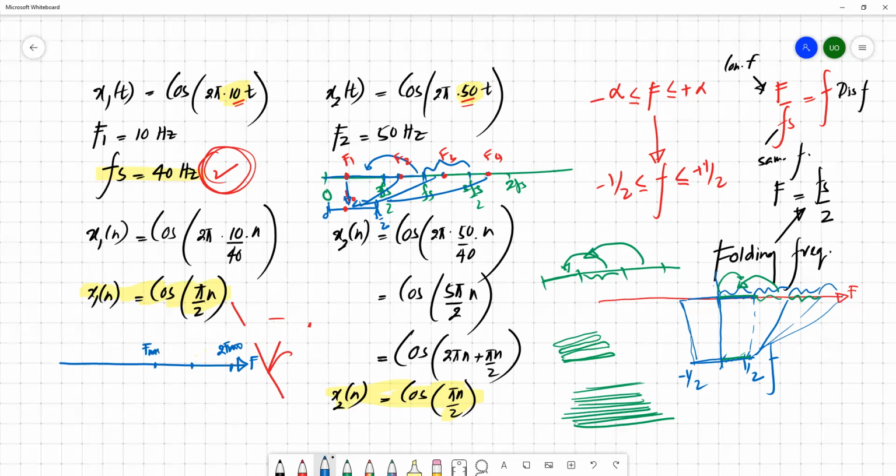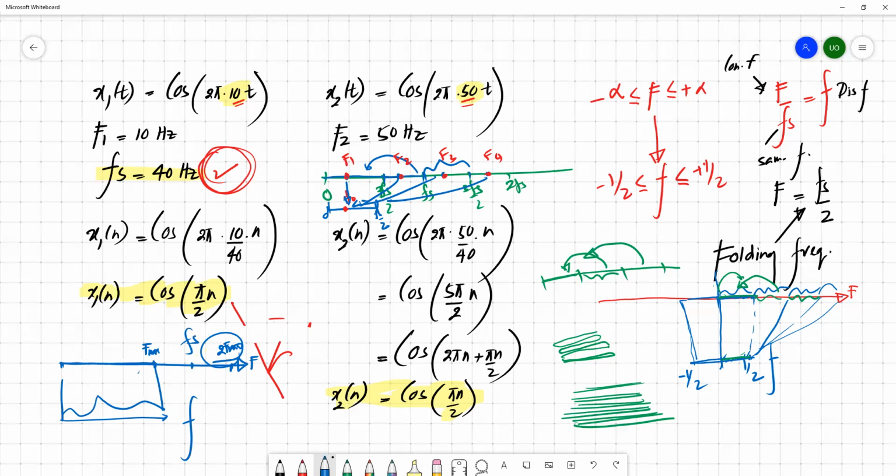Then this range is basically in between this. Okay. Once you map it to simple F, this is basically mapped to this block. No duplicates, due to this selection of the sampling frequency Fs.